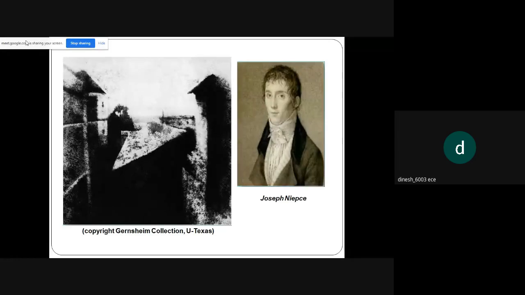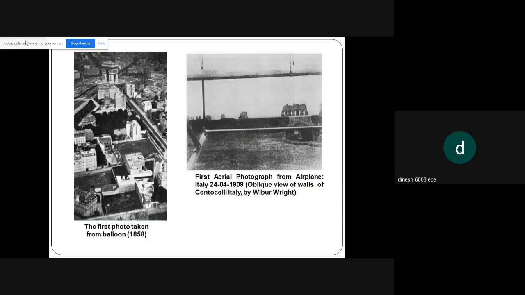This is the picture of Joseph Nicéphore Niépce, who developed early photography. This is the first photo taken from a balloon, 1858. The first aerial photograph taken from an airplane was by Wilbur Wright of Italy.